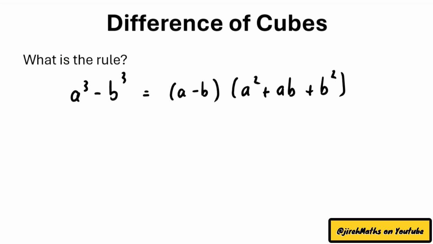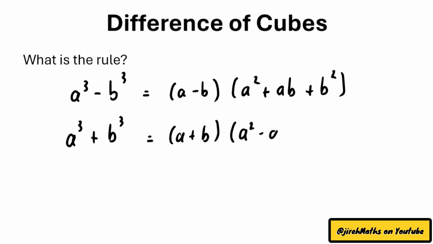We also have a rule for addition of cubes. A cubed plus b cubed equals to a plus b, a squared minus ab plus b squared. How can we remember this rule?